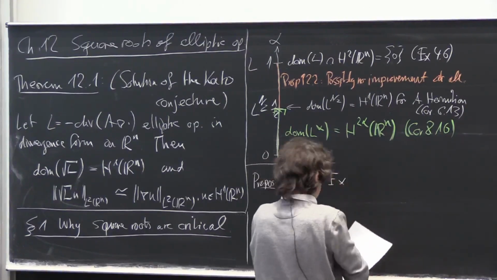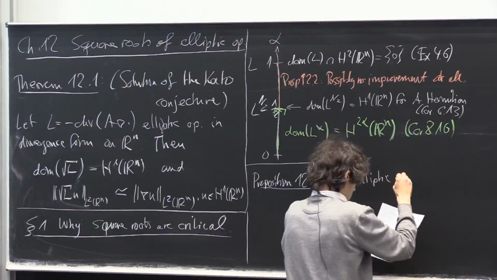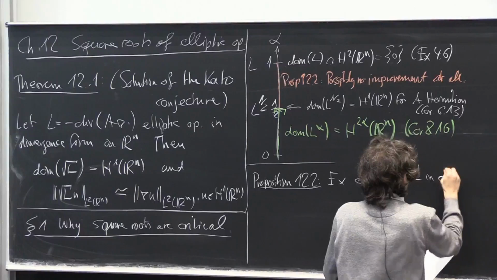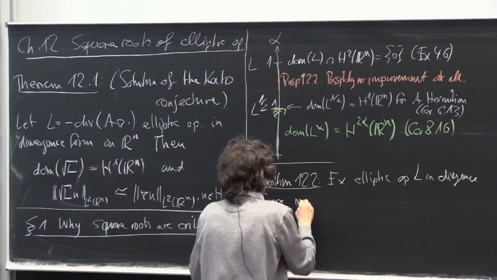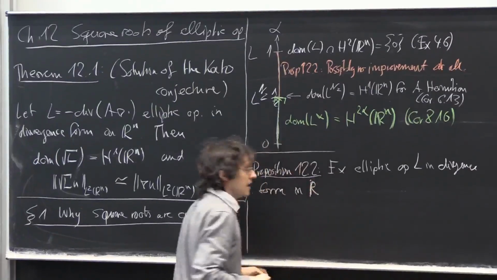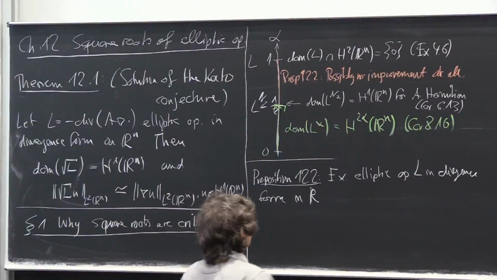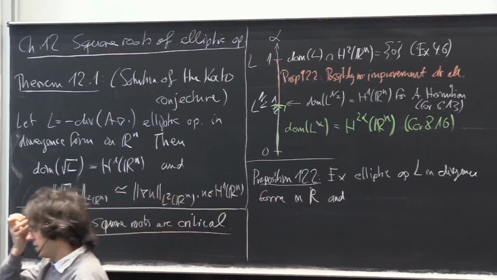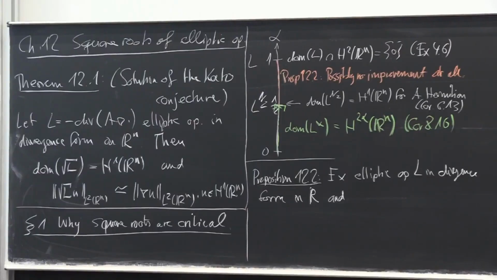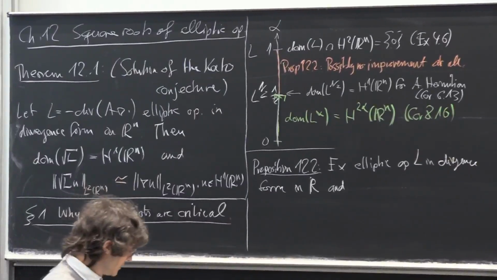So proposition 12.2 says there is an elliptic operator L in divergence form, again in R, so for n equal 1, but this is for simplicity of exposition. Once you have the result, it's not that complicated to generalize to higher dimensions. It's just more writing and more indices, but it's the same idea.